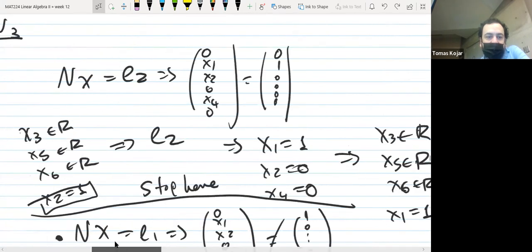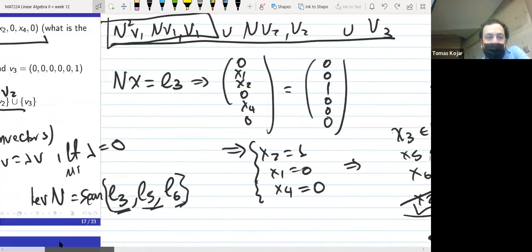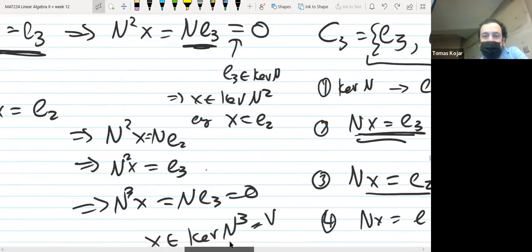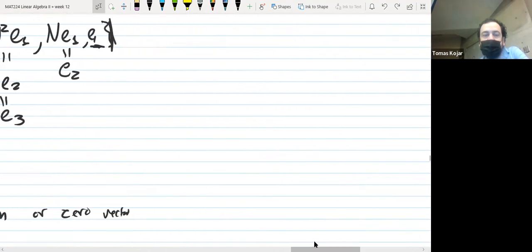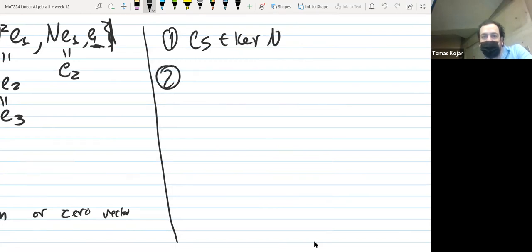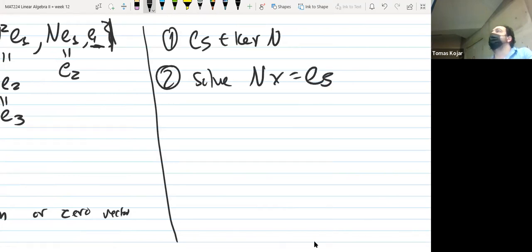All right, so the other vector in the kernel was E5. Okay, so let's do this again for the next cycle. All right, so again, E5 is in the kernel of n. Step 2, solve nx equal to E5. So let me do that.